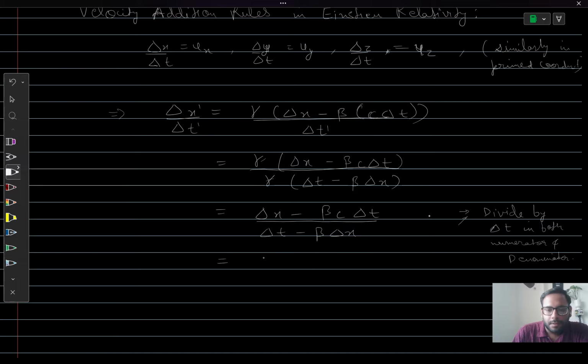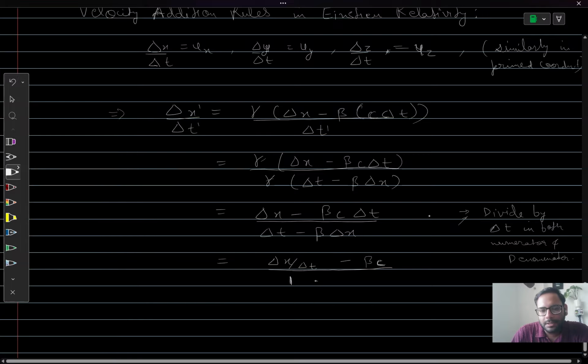The minus beta c will remain as it is because delta t will be cancelled out, and below it will also be cancelled out, leaving beta and delta x by delta t.